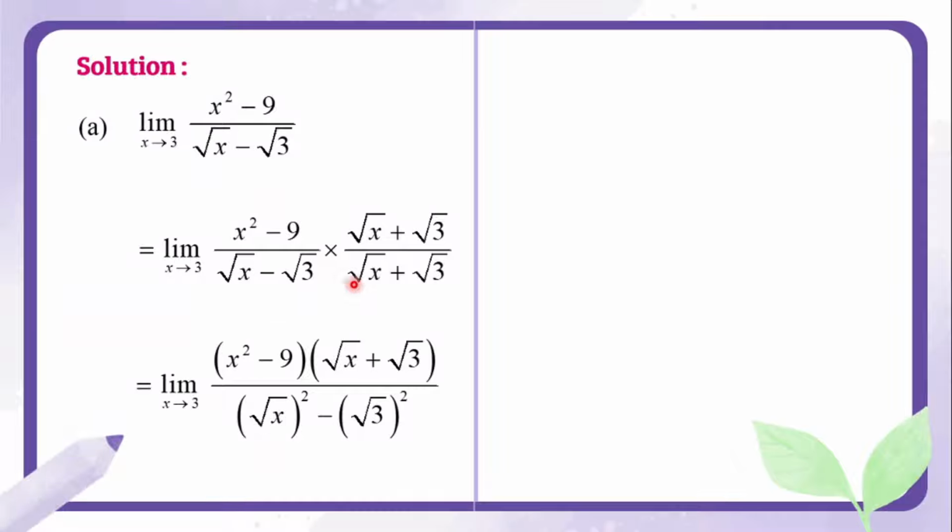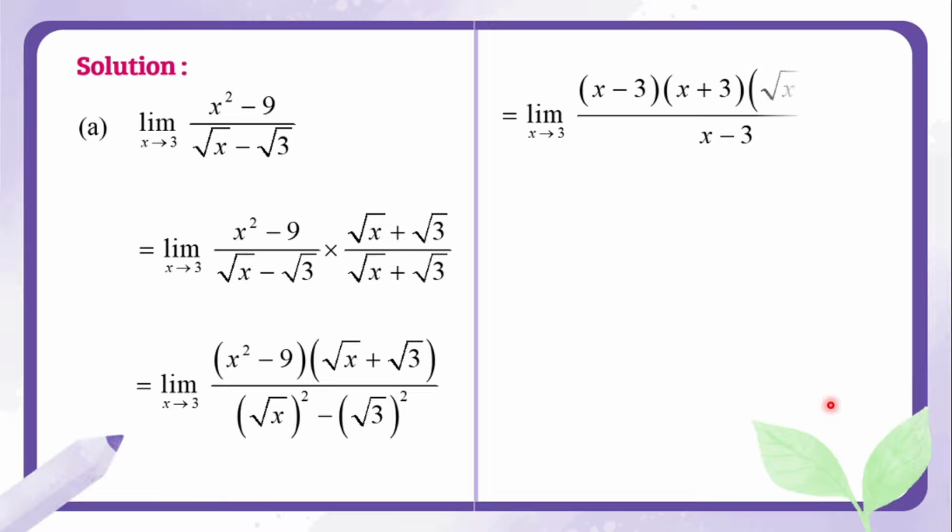So we just expand the first term with the first term, √x times √x, so we get √x squared. And the last term with the last term, negative √3 times positive √3, so we get negative √3 squared. We can apply the rule of square root in the denominator, and we get x − 3. Since x squared minus 9 can be factorized, we get (x − 3)(x + 3).